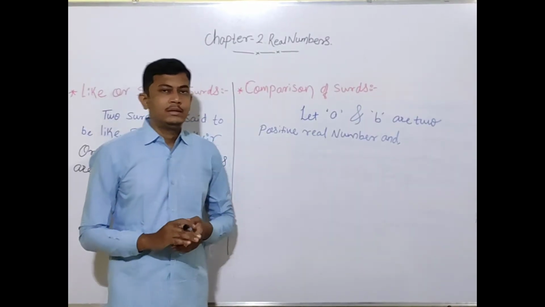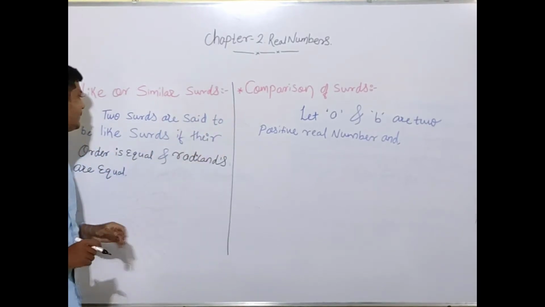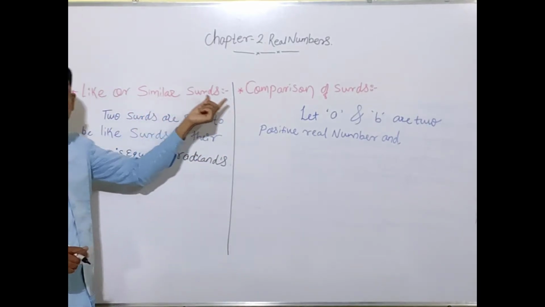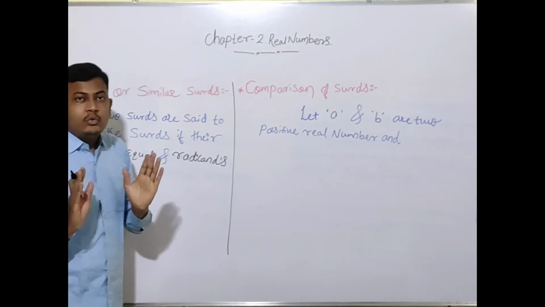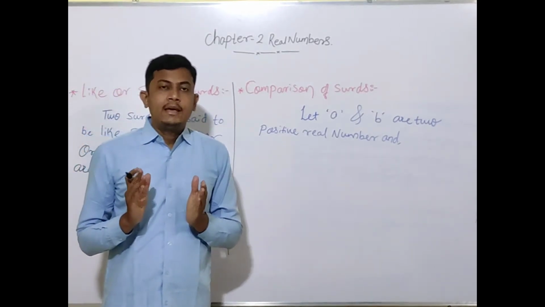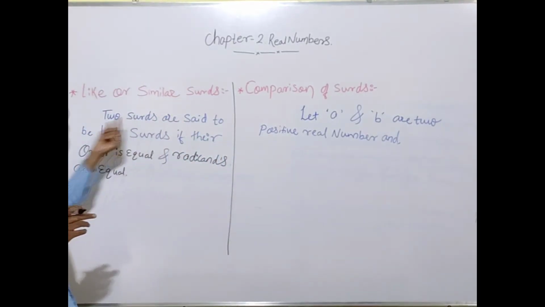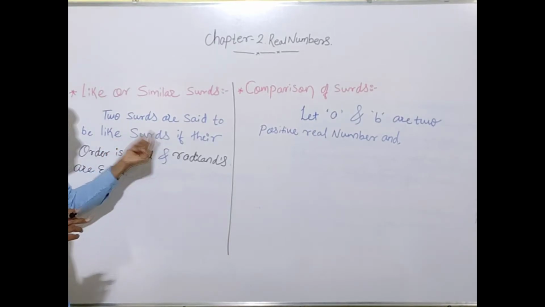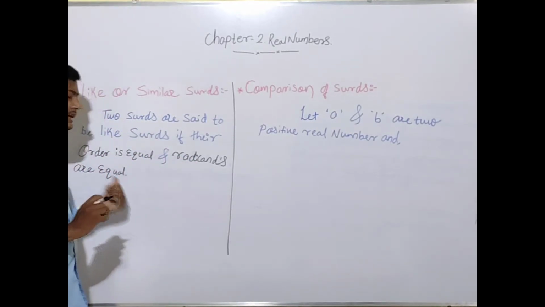Now we have to see the topic, that is like or similar surds. Like and similar are of the same meaning. Two surds are said to be like surds if their order is equal and the radicals are equal.